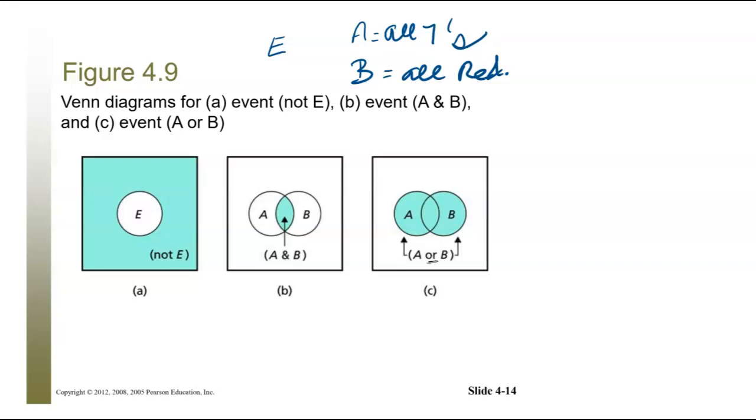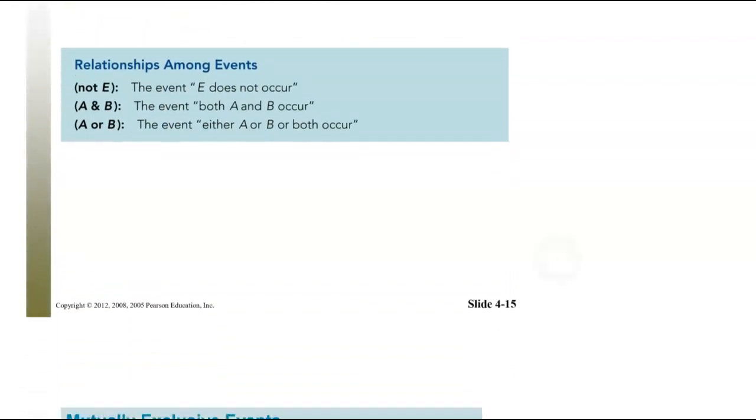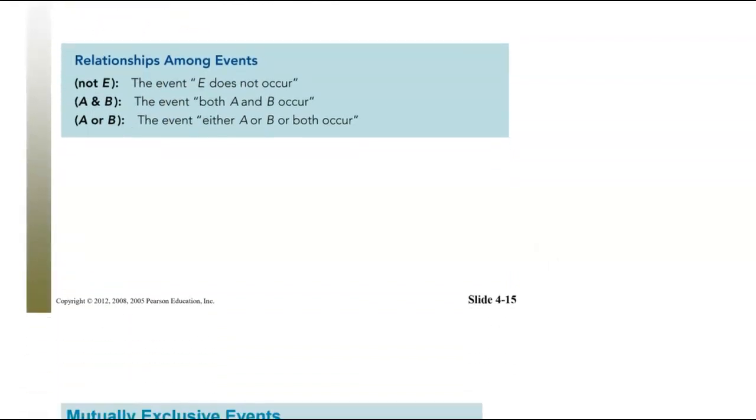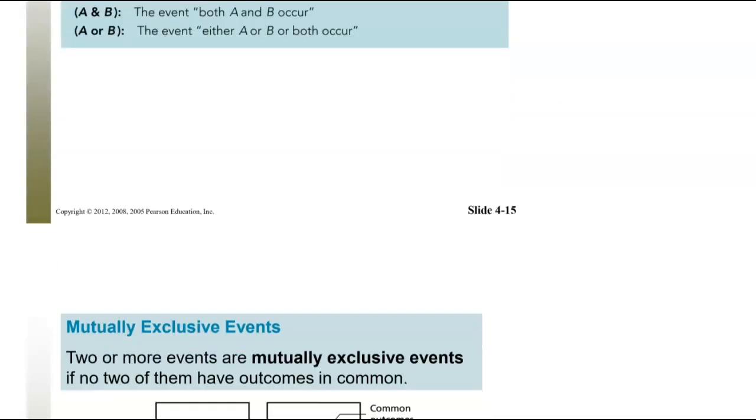Or means everything, and means only if it has those exact attributes. 7 and a red card. 7 or red card means, yeah, then we're going to include the 7 of clubs and the 7 of spades. Okay, so again, that just summarizes your relationship among events. Not E means the event does not occur. A and B, they both occur, and A or B, either of them occur.